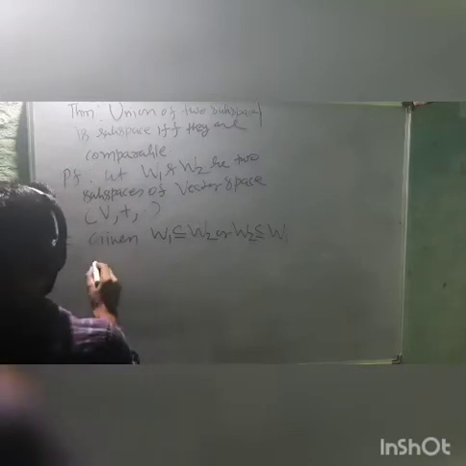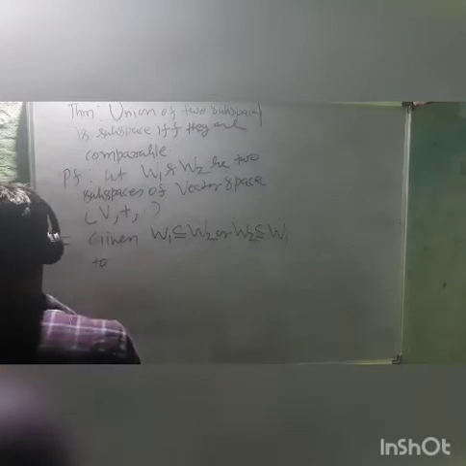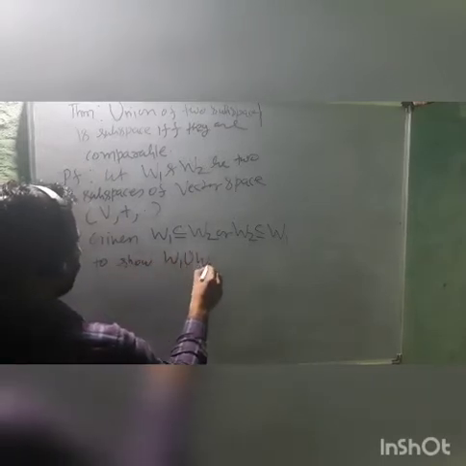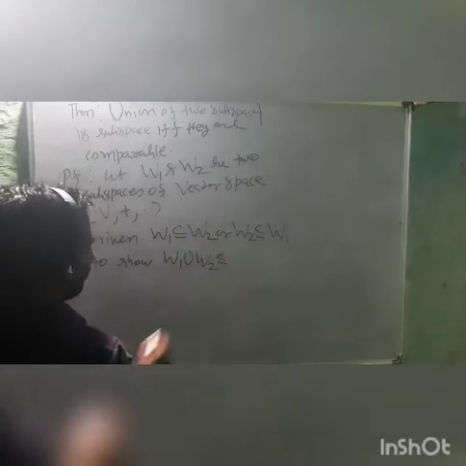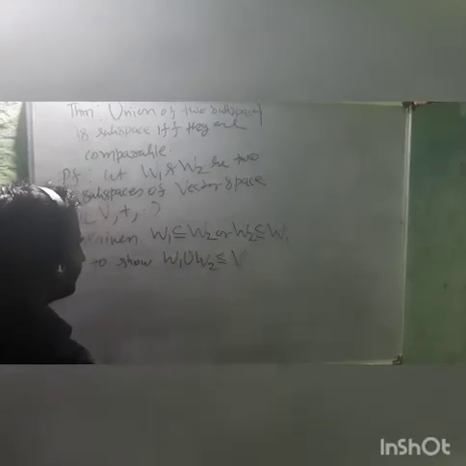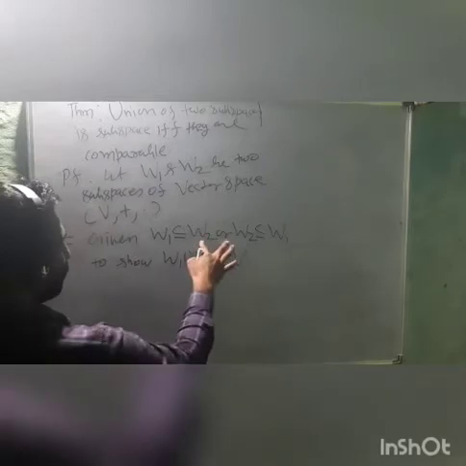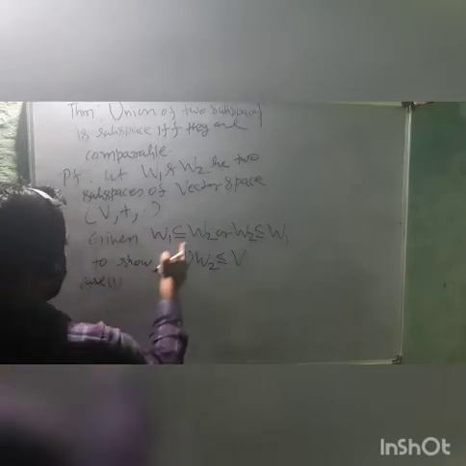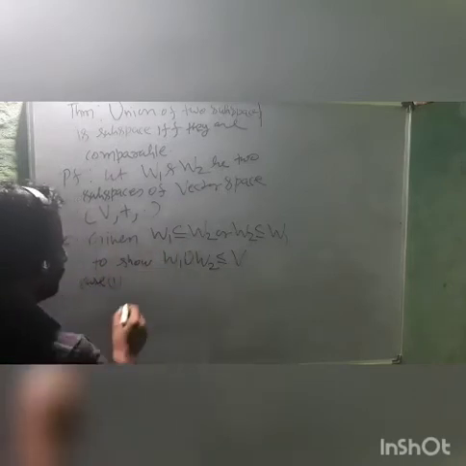So let's write down. It is always better to write, by the way. So to show W1 union W2 is a subspace of V. Okay, so now two cases are there of the given property.